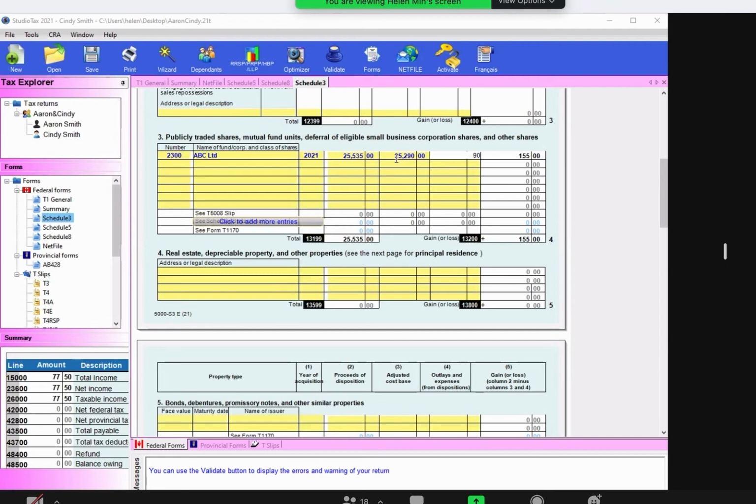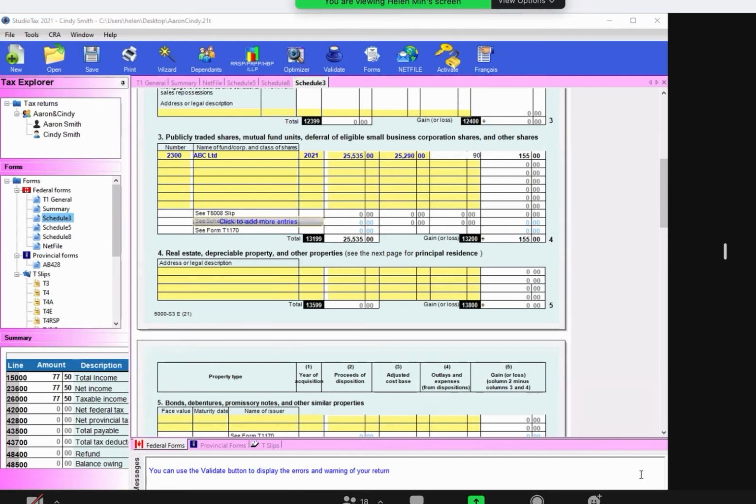That's easy, so I only need to use this. Then I hand it in to the senior. The senior will do schedule 3. When you have that number, it's a lot easier. That's all.